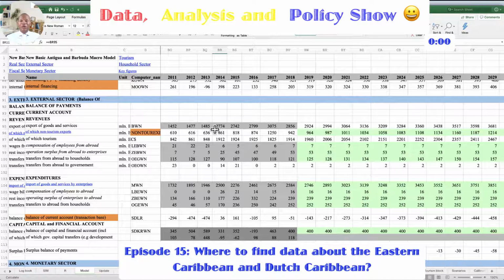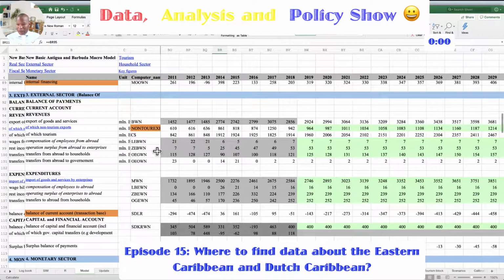If you are in the hotel, retail, or apartment business, you want to know how much they are exporting. You want to analyze the exports and imports because that's the trade possibilities with the foreign sectors.